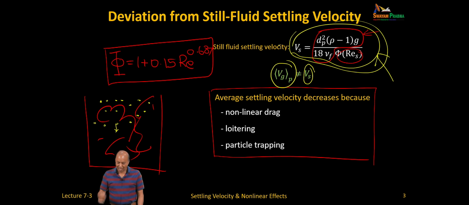Okay. So let's go and talk about why these three mechanisms will decrease settling velocity. Well, nonlinear drag. Nonlinear drag, I don't know how many of you have encountered this in your work.